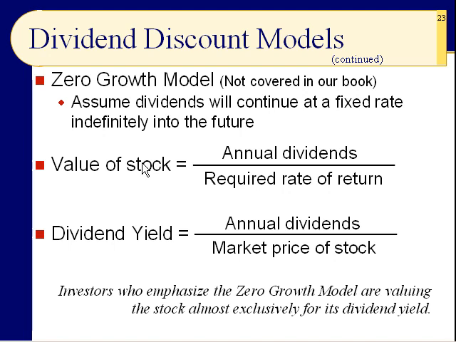Well, they're not interested in the growth. They're the equity income investors. Railroads, food companies, companies that are very stable, utilities that pay a stable dividend. Okay? And very, very straightforward, isn't it? Annual dividends divided by the required rate of return.